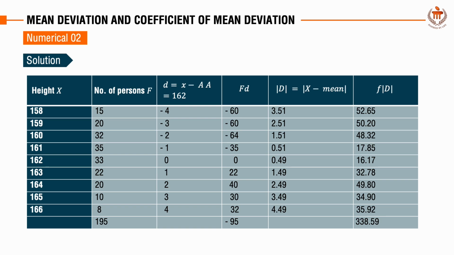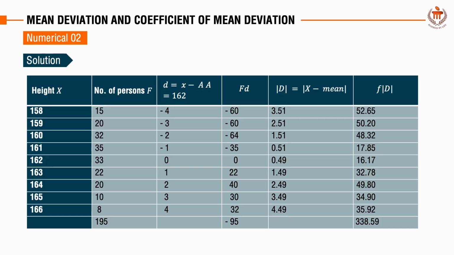I got the mean value, which is 161.51, so I'll subtract 161.51 from all x values: 158 minus 161.51, 159 minus 161.51, 160 minus 161.51, 161 minus 161.51, 162 minus 161.51, 163 minus 161.51, 164, 165. Like this I do for everything, and I ignore the sign. That will give my modulus of d.